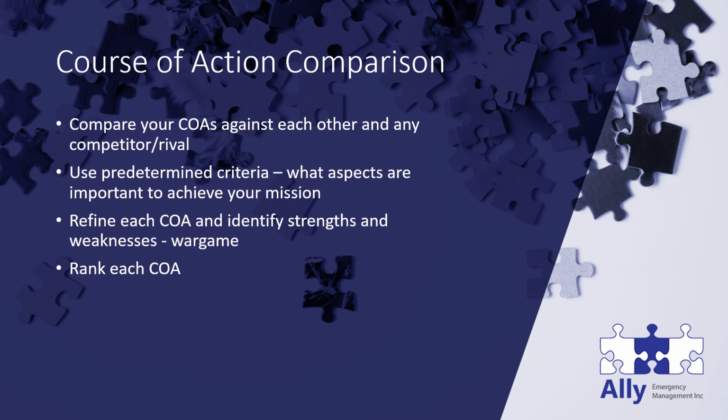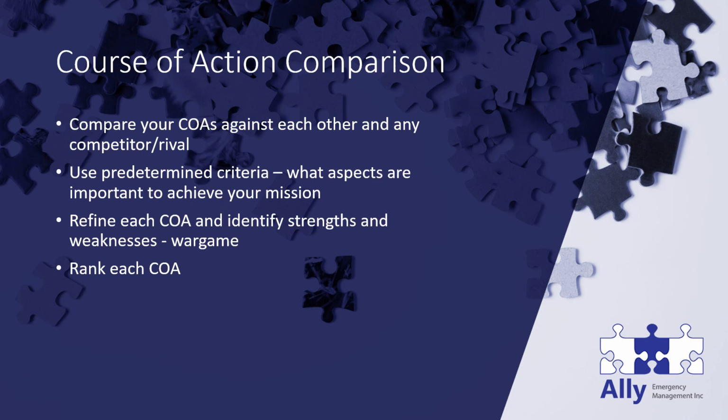The process of taking each of your COAs and comparing them against each other and against your rivals' COAs is referred to as a war game. And I'm going to do a whole separate slide series on the war game, so we're not going to talk about it in too much detail. But once you've gone through this process, you're going to have a ranking of your courses of action based on how well they met up with the criteria that you've decided.